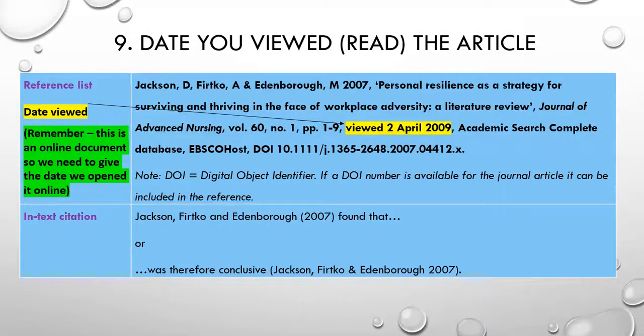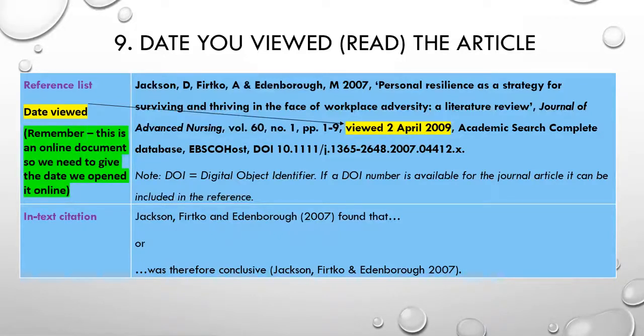The ninth thing you'd be writing is the date that you viewed or read the article online. Because this is an online document, we have to say the date we opened it online, because online things can change, so dates are important. So, this article was viewed on the 2nd of April 2009.